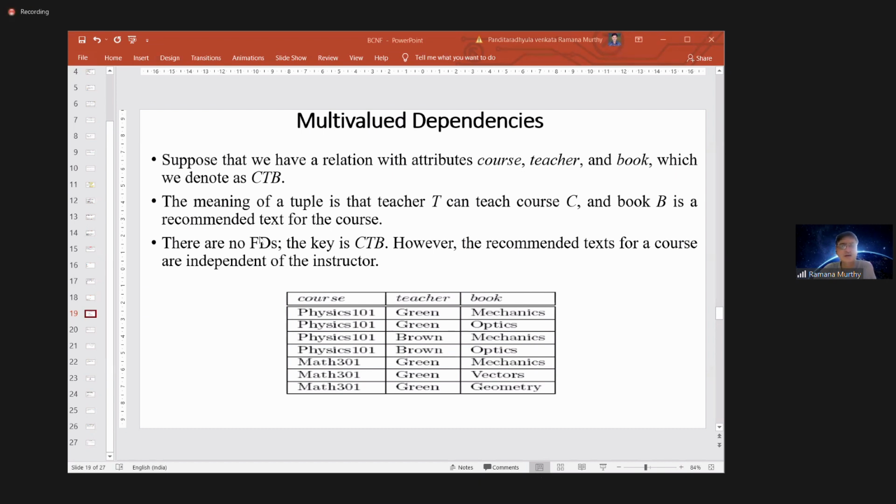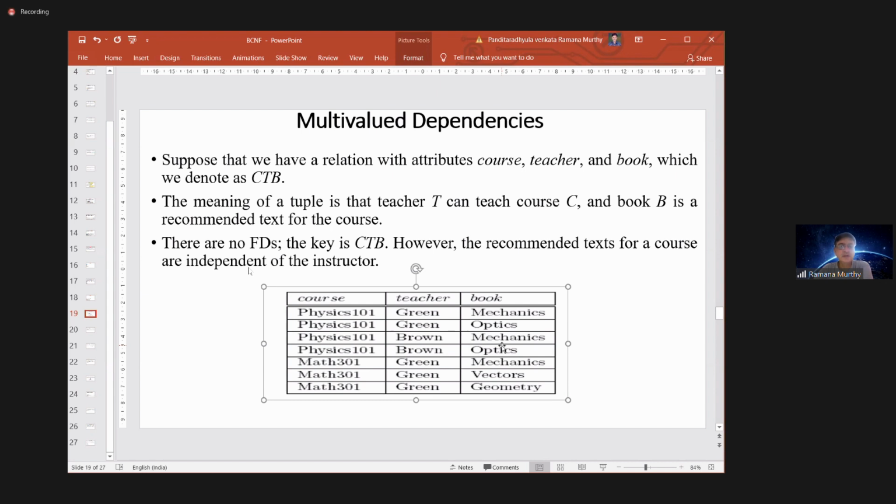But we still have some dependencies which may not satisfy the functional dependencies. For example, consider a small table shown in the particular slide, where the columns are course, teacher, and book.